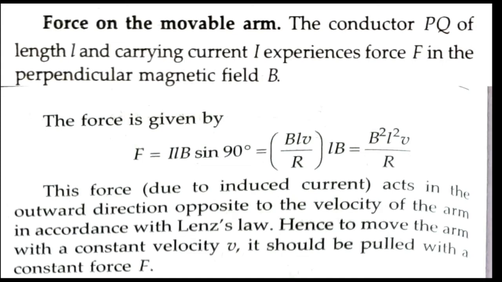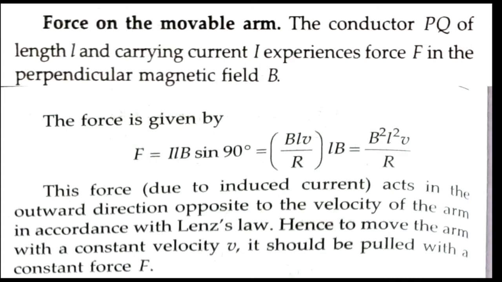First the conductor is moved in a magnetic field and motional EMF is developed, because of which induced current flows through the conductor PQ. Now PQ has become a current carrying conductor kept in a magnetic field, and we know from the previous chapter that such a conductor experiences a force given by the equation IL cross B.